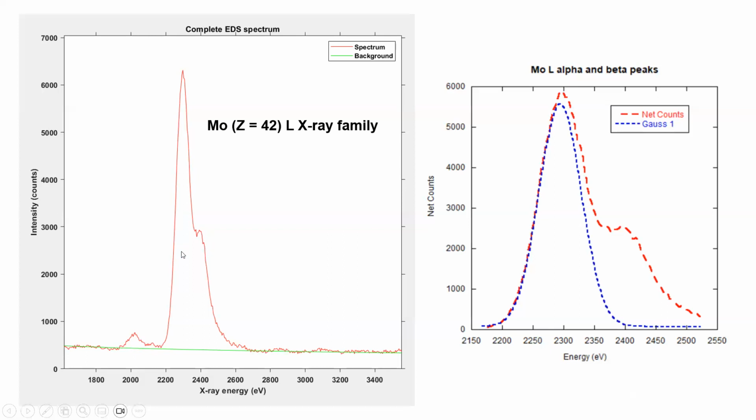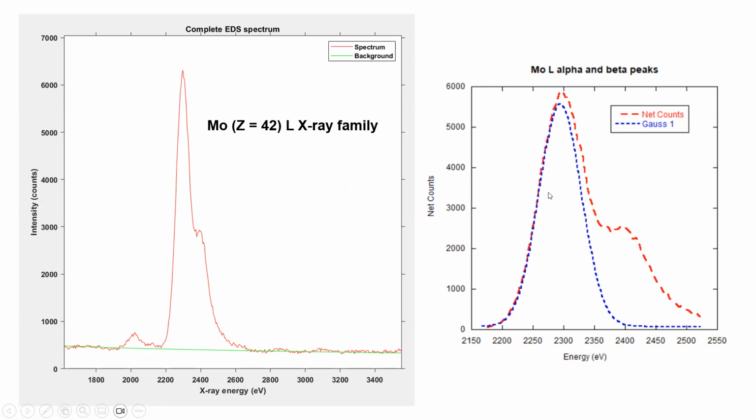It has some contribution from the beta peak, so we have to deconvolute those. We take the net spectrum data, and you see I have the background component here. We take the net spectrum data and fit a Gaussian profile. Actually, I should say two Gaussian profiles, because we have two peaks here. I'm only showing the one associated with the alpha peak.